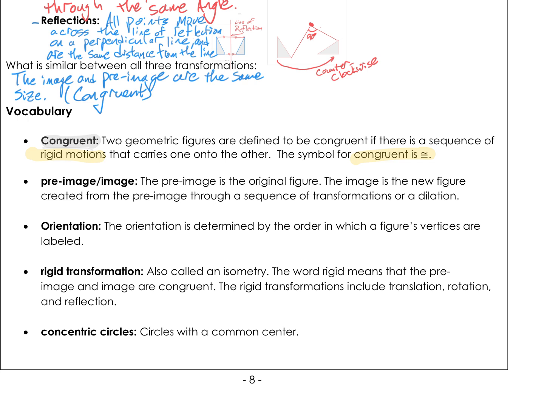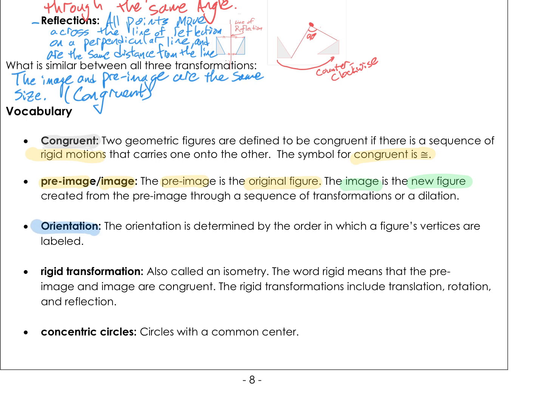We also have this idea of pre-image and image. The pre-image is the original figure, and the image is the new figure. So image is new. Orientation is a word we'll use a bit.